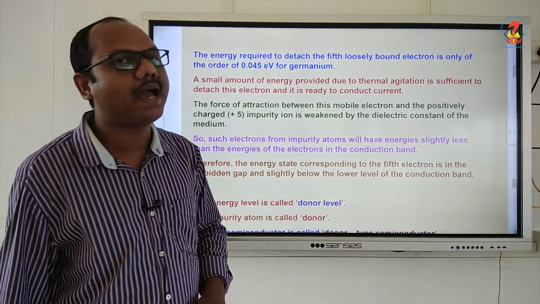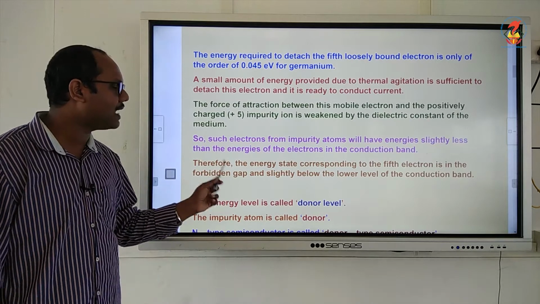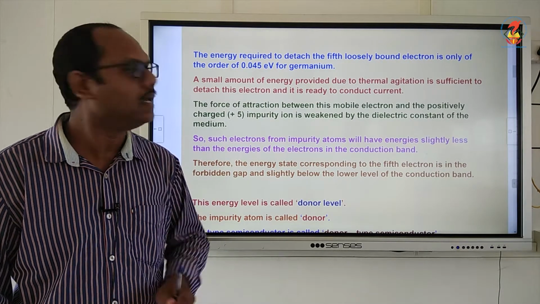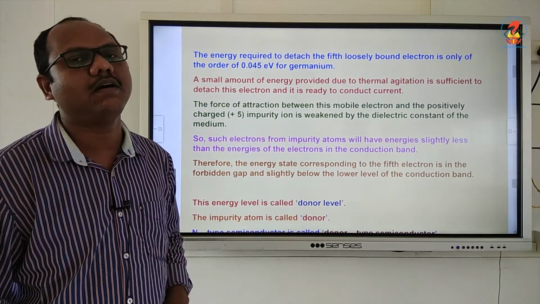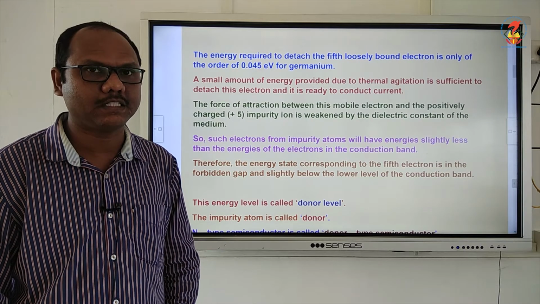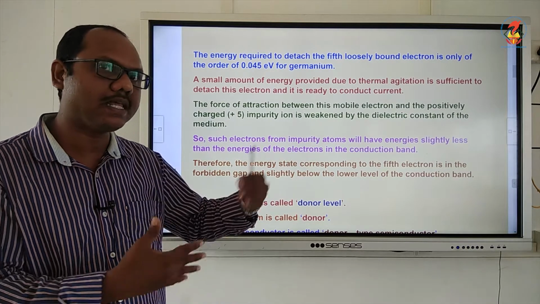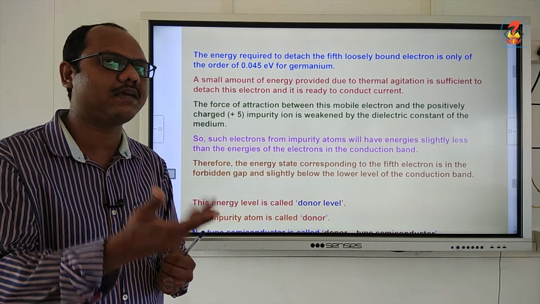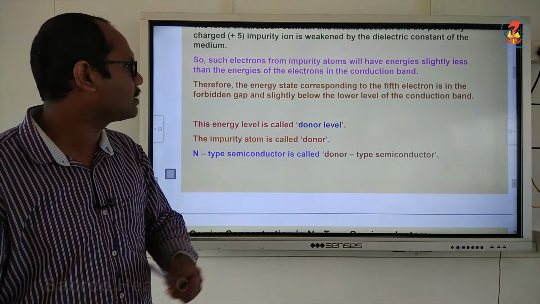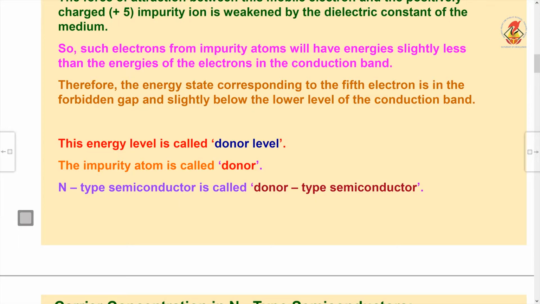Such an electron will have energy which is slightly lesser than the energy of electrons in the conduction band. That is why the donor energy level is lying just below the conduction band. Okay, so they can easily move towards the conduction band by giving a small energy. So, this energy level is called the donor level, and N-type semiconductor is also called donor type semiconductor.